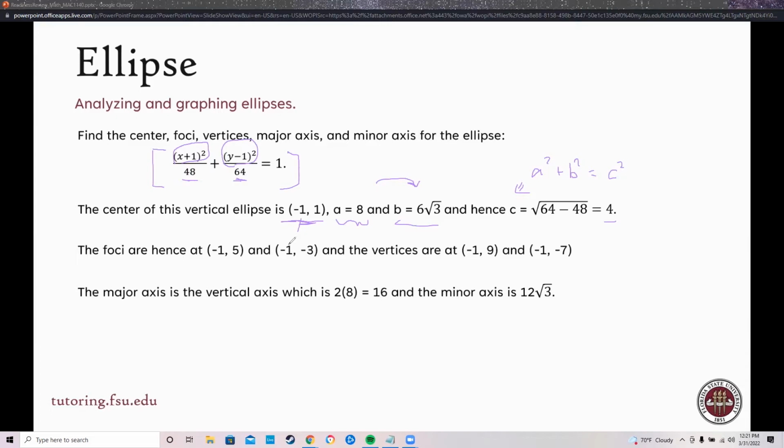So we can find our foci fairly straightforward from there, because we know that it's along the major axis, which is going to be at the same level as the center. So they're all going to be at -1.